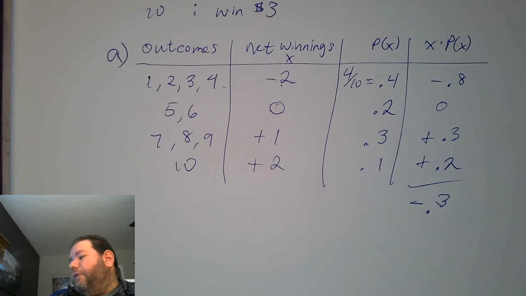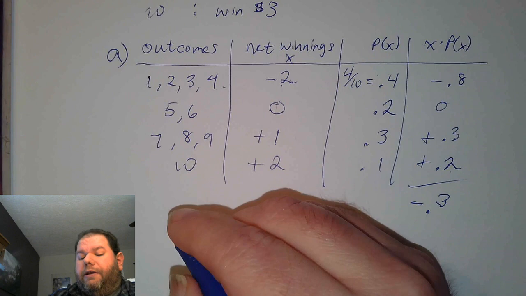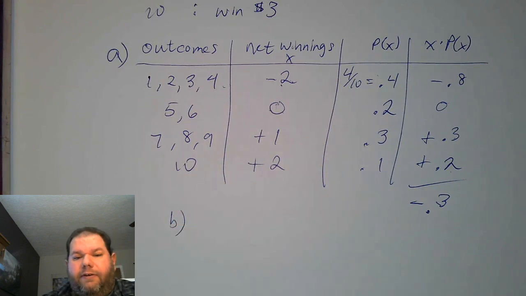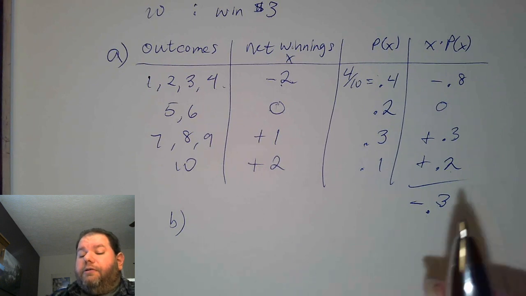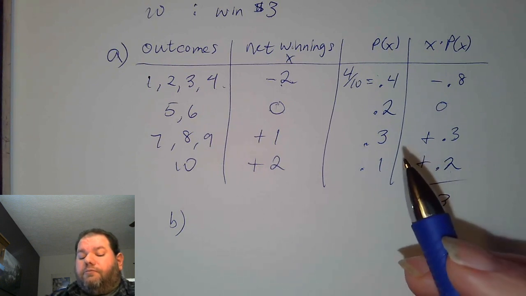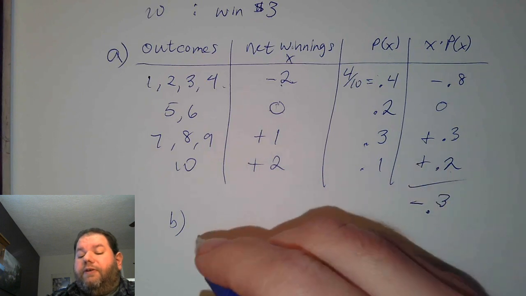Now, that was part A. Part B, and I actually separated these into 2 different questions on the exam, just so the grading would work out the way I wanted it to. Part B is what is the expected value?